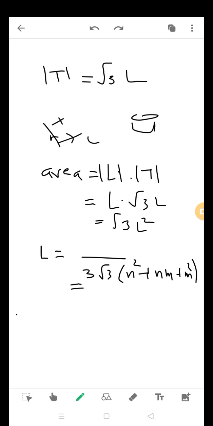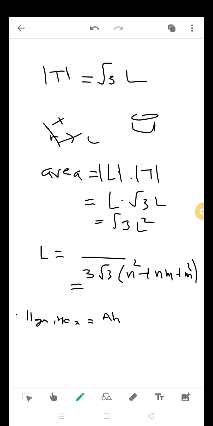Now what about the number of atoms? How many atoms are there in this area? So that we can find. Initially we have told that all the unit cells are supposed to have a common area. That means whether it is a parallelogram or a hexagon, they are supposed to have the common area, and that is equal to AH.